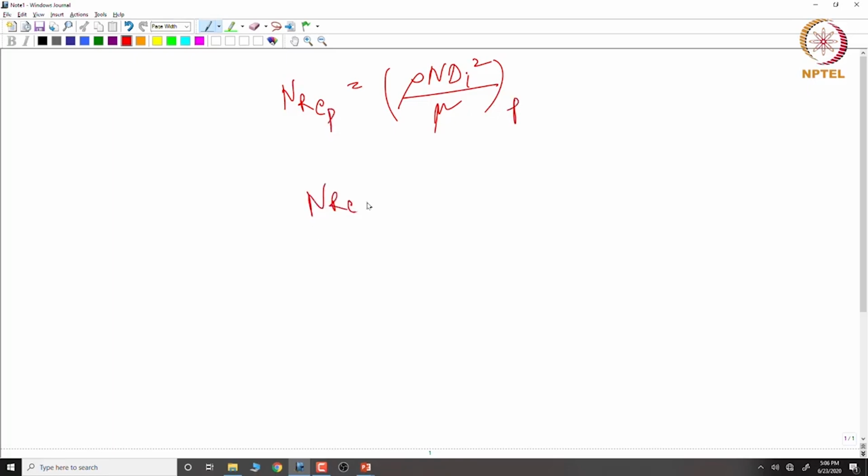And NRE for model type is rho NDI square by mu for the model type. Now mu and rho are the same.